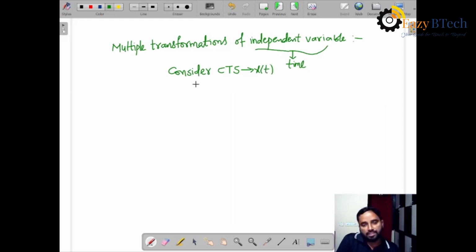So x of t is a continuous time signal. Multiple transformation of x of t is like x of alpha t plus beta.